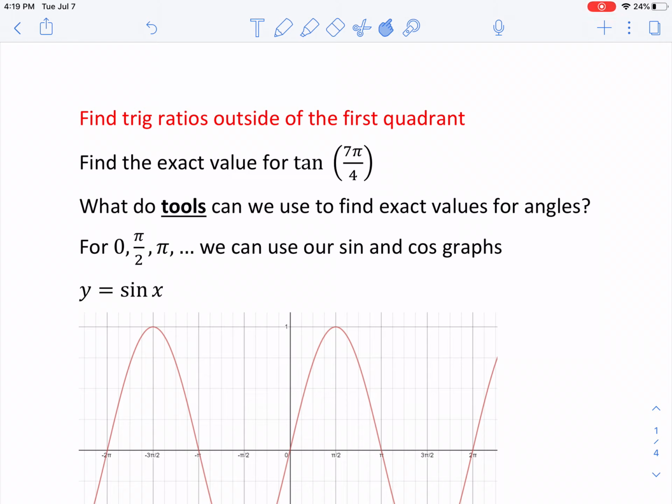Well, even if it's outside of pi by 2, if you are looking at angles like 0, pi by 2, pi, 3 pi by 2, 2 pi, 4 pi, 10 pi, a million pi, you can use sine and cos graphs to predict the values really easily.